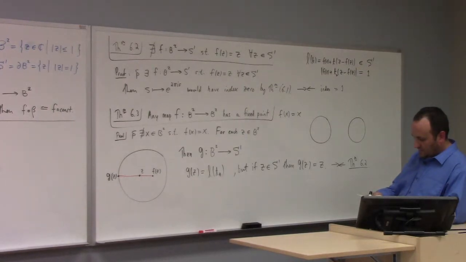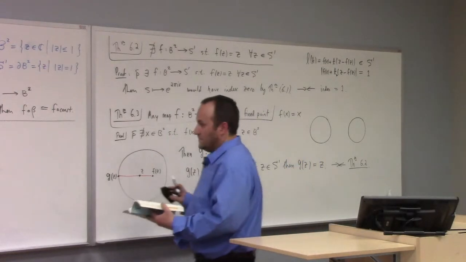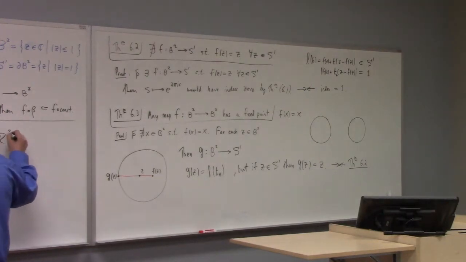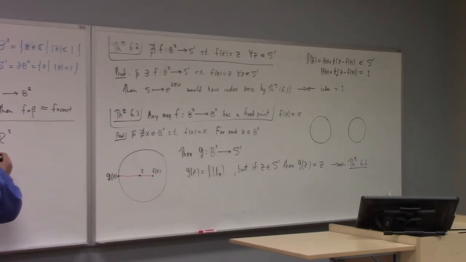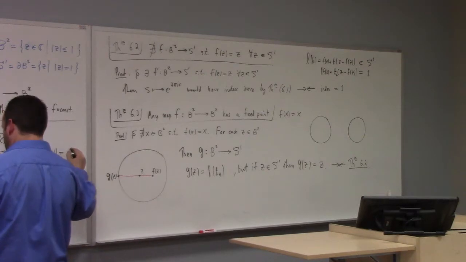Then there exist antipodal points W and minus W in S2 such that... A related theorem to this, which I'll just write down here, theorem 6.4, says that if F is a mapping from S2 to R2, then there exist W and minus W in S2 such that F of W equals F of minus W.